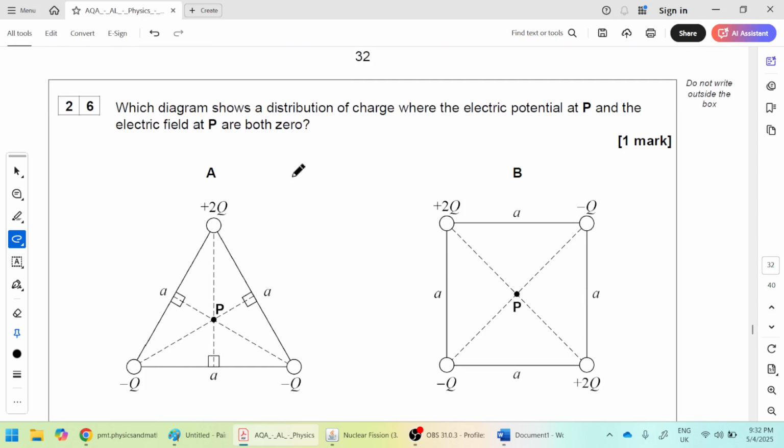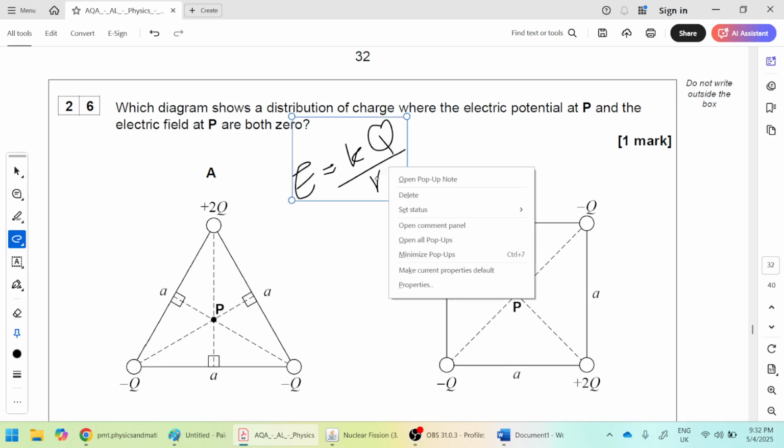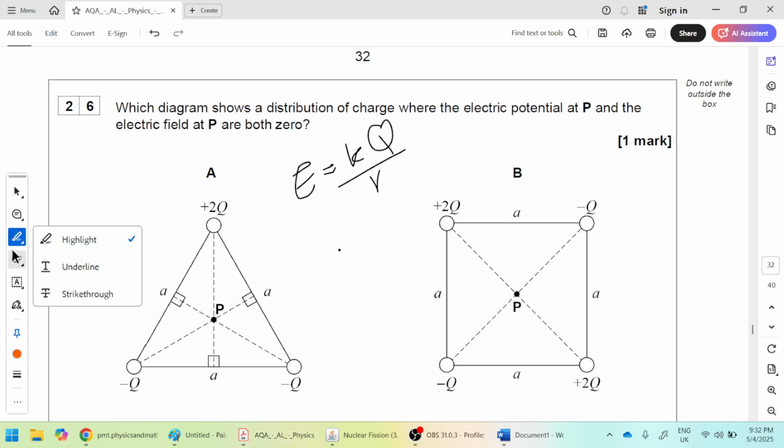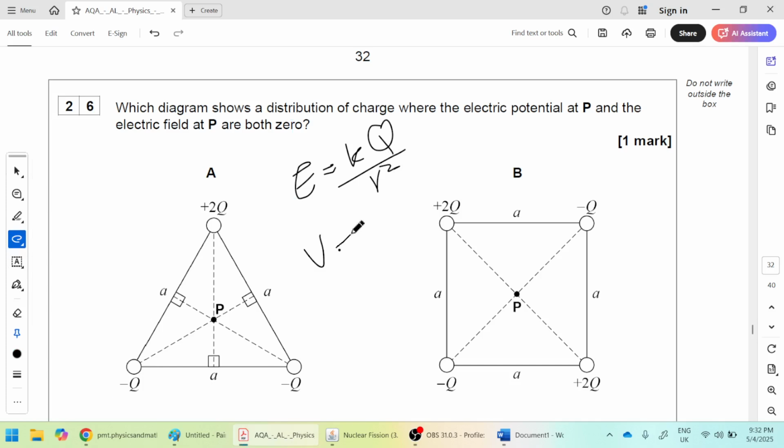Thinking about E being equal to KQ over R squared, where K is 1 over 4 pi epsilon naught, for ease. Is equal to minus KQ. So I'm looking for symmetry here, like cancellation. Yeah, things to cancel out.